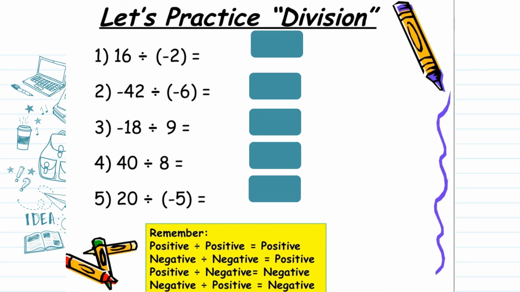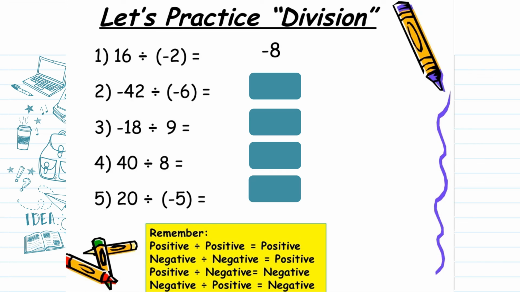For example, positive 16 divided by negative 2. So you're just going to divide first the numbers. 16 divided by 2 is 8. Since they do not have the same sign, therefore their answer will be negative 8. Second is negative 42 divided by negative 6.